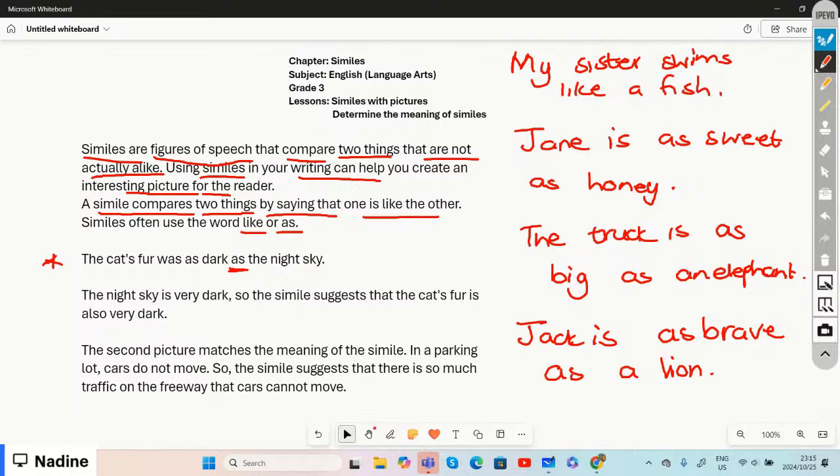So if I say, for example, my sister swims like a fish, just try and picture the fish.